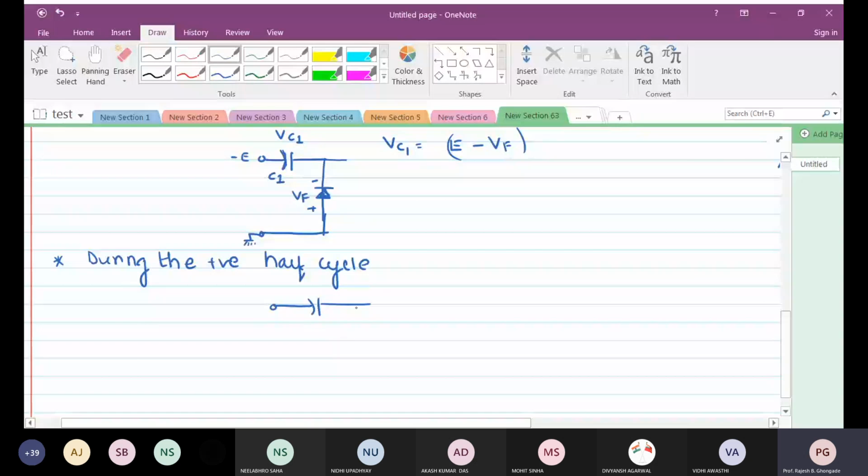So here we have the diode. I'll just draw it fully for the time being. Then you have another diode here and a capacitor here. Let this be a repetition, but this is very, very essential for understanding.